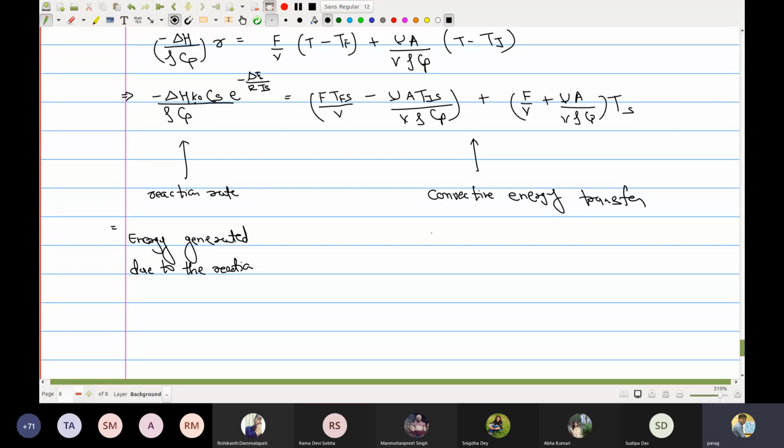Which comes from convection of the reaction mixture plus jacket heat transfer, right? And these two become equal.